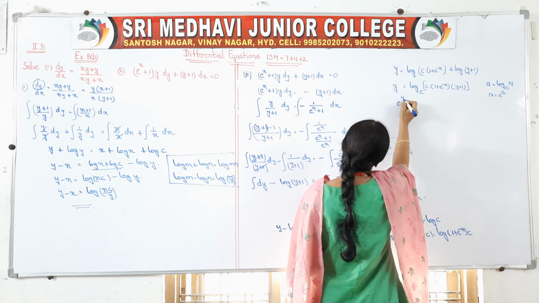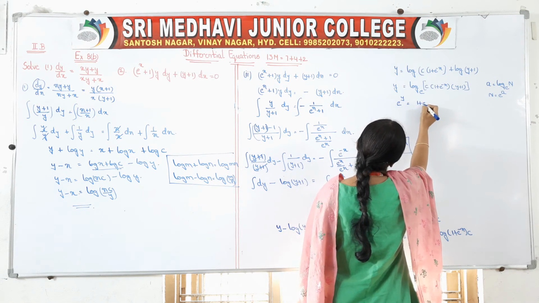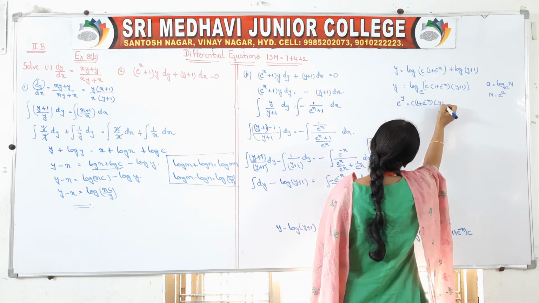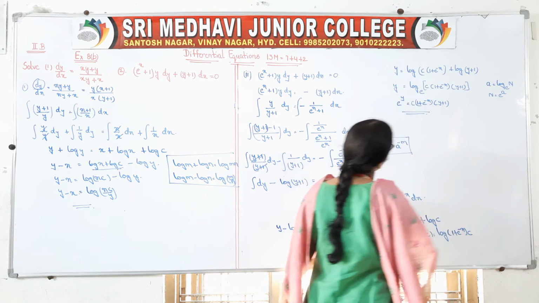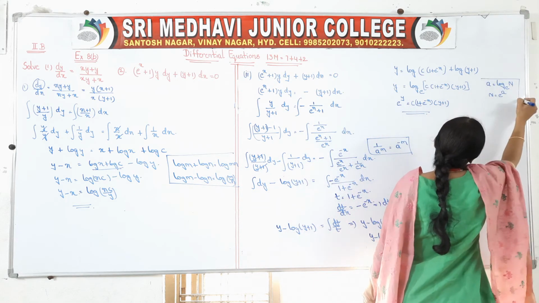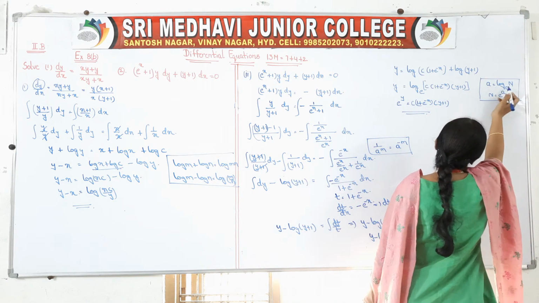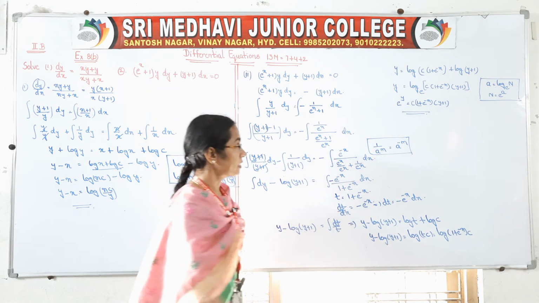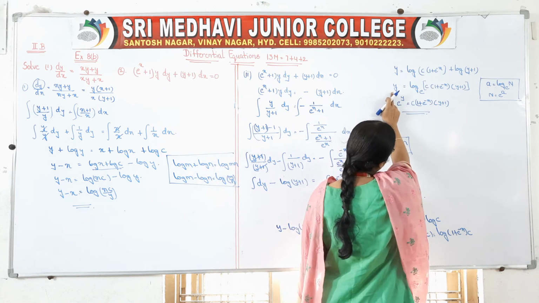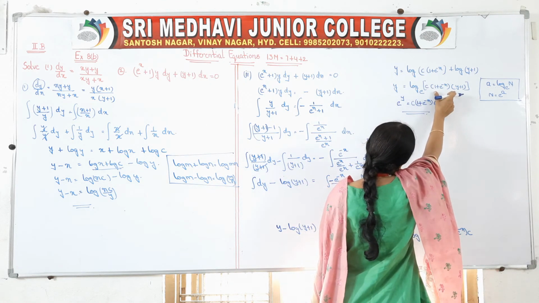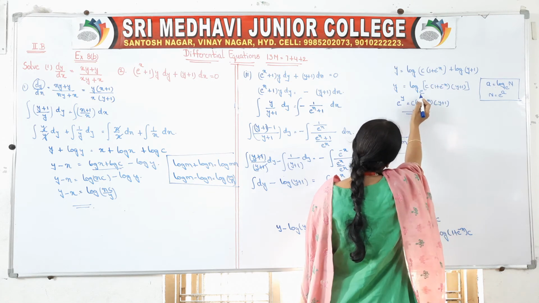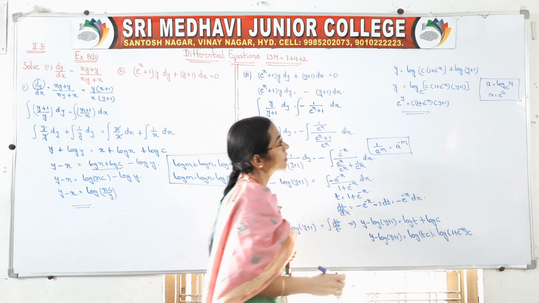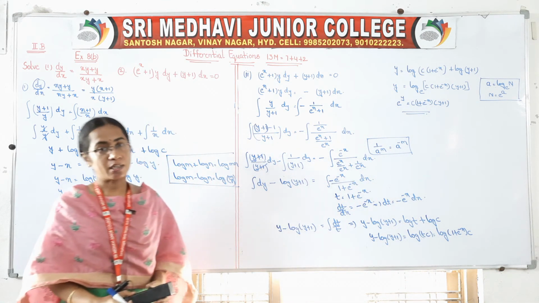So e to the power of y is equal to 1 plus e to the power of minus x, c is also there, into y plus 1, is the answer of your problem by using this formula. Same thing: y is in the place of a, and in the place of n you have this one. So e to the power of y is equal to c into 1 plus e to the power of minus x into y plus 1 is the answer.